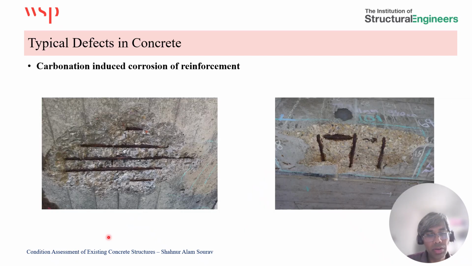Some photos of carbonation-induced corrosion. We call this a general corrosion, as there is no distinct anode and cathode occurring in the affected region. The corrosion will occur along the reinforcement at that particular region.